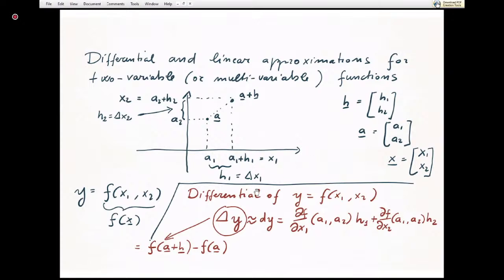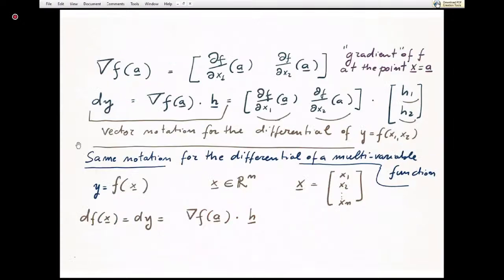And then there is another important vector notation because a two-variable function has two partial derivatives, okay? Usually, these two partial derivatives are put into a vector because they have an order, because the variables have an order, first variable, second variable. So I have the derivative with respect to x1, with respect to x2, to x3, to x4, etc. Usually they are put into a row vector, not column, row vector, which is called gradient.